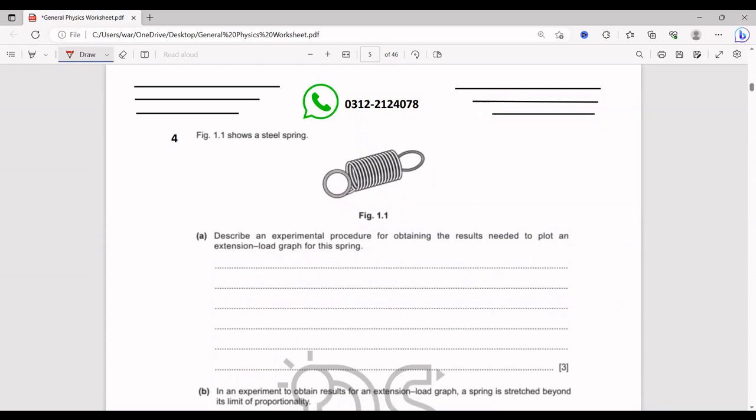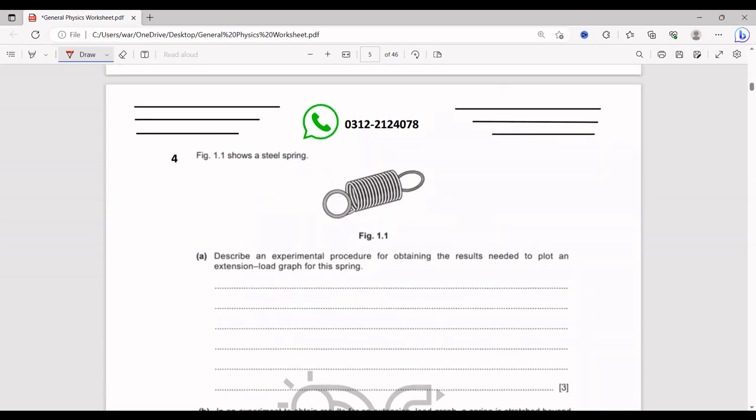Now, in the next question, figure 1.1 shows a steel spring. Describe an experimental procedure for obtaining the results needed to plot the extension load graph for this spring. So how can you perform the experiment for obtaining the results? You need to hang the spring from one end and attach different loads at the other end of the spring.